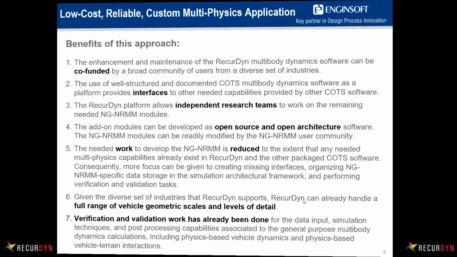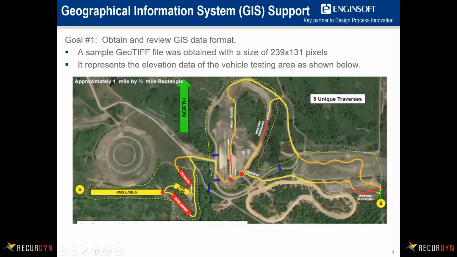Okay, so with that introduction, let's look at what the challenge is on NRMM. This tool is to look at off-road capabilities of vehicles, whether they're wheeled vehicles or tracked vehicles.